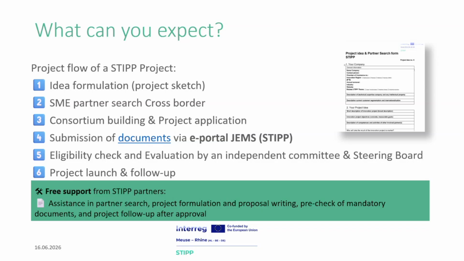So as mentioned, we can help you with the partner search, with our project formulations, and we can also read your concept application and give you feedback on this. There is a pre-check of the mandatory documents available. So before you hand over all the documents, we can check if it's complete. And of course, we are also there during the project and after the project to support you with your innovation and growth in the business.